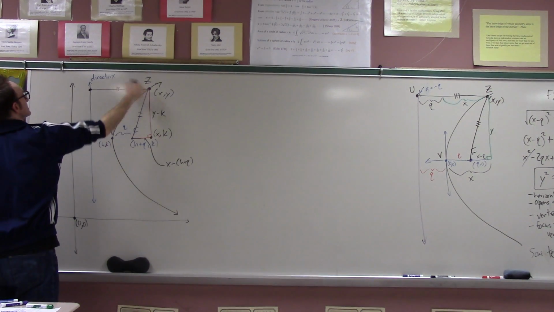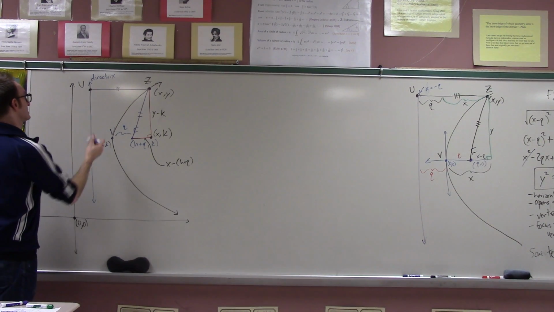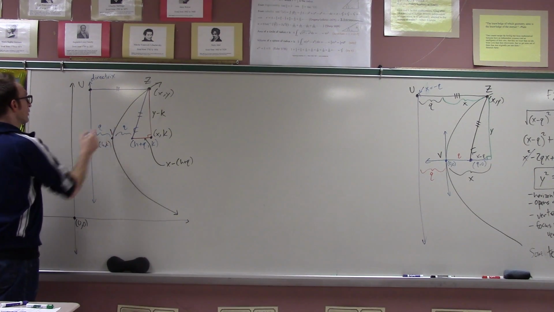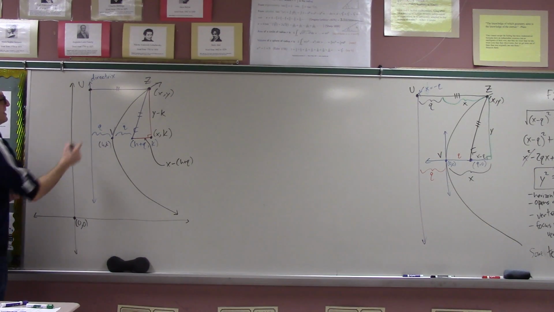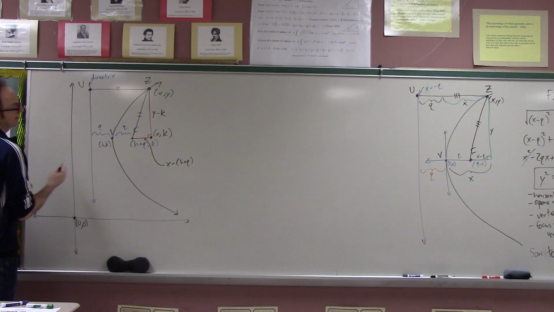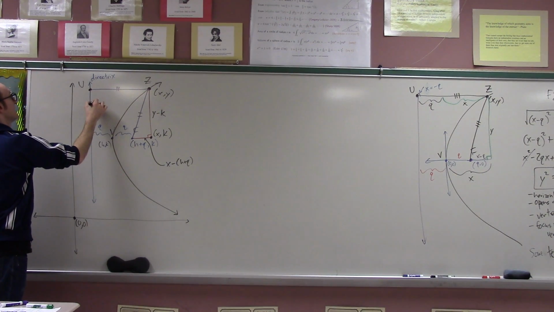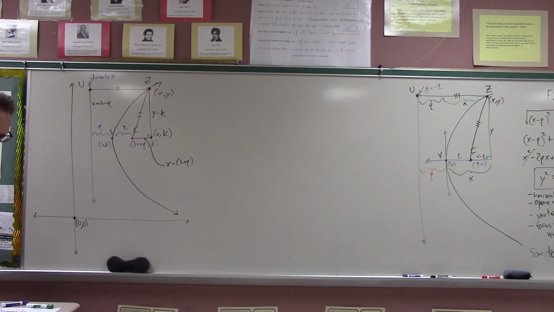And what is this distance? I've been calling this point u. If q is the distance from the vertex to the directrix, and this is the point h comma k, then this line is q to the left of that. So instead of x equals h, the equation of this directrix must be x equals h minus q. Every point on that line must have that equation. And so what is the length of uz?